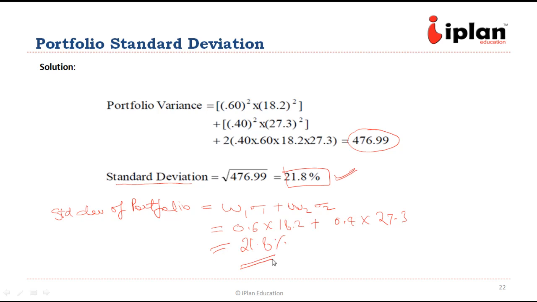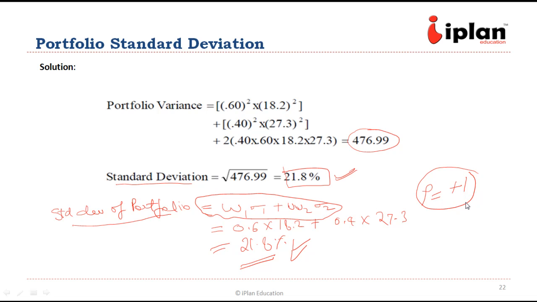So why is it coming out the same? Because this is the specific case where both the assets are perfectly positively correlated and the value of the correlation coefficient is 1. In this specific case, the formula simplifies to this value. So in this particular case, the standard deviation of the portfolio is the highest possible since they are perfectly positively correlated. So risk is the highest.